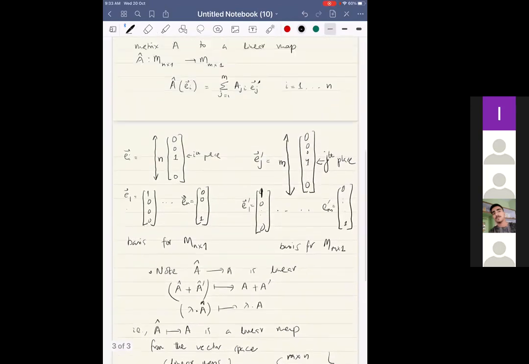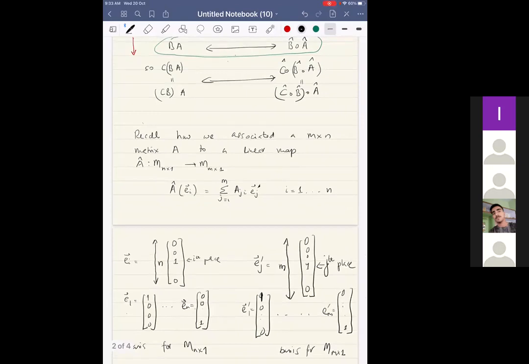So when is the matrix zero? Look at the way I defined the matrix A_ji starting from the linear map A hat. Supposing the A_ji are 0, what does that say about A hat?